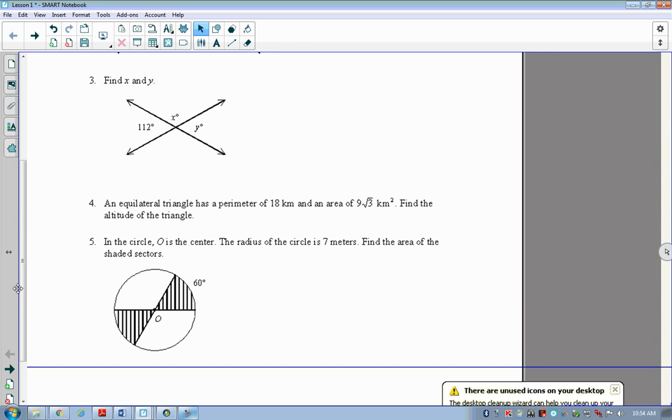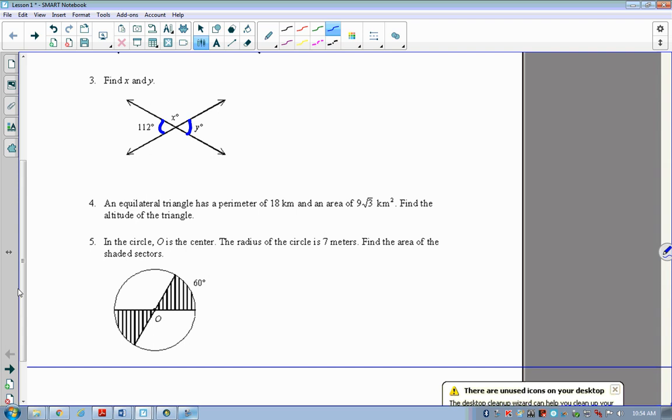Okay, so 112 degrees, what you see is this angle right here, and this angle right here. Can anybody who's had geometry tell me something about those two angles? They're vertical angles. What do I know about vertical angles? They're the same. A good geometric term would be congruent.